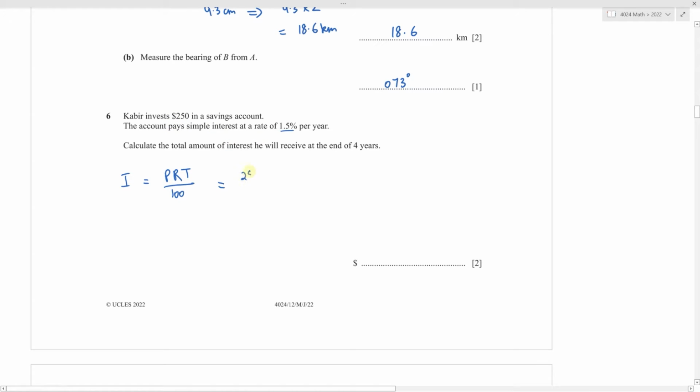Principal amount is 250 multiplied by your rate 1.5 multiplied by the time, 4 years, divided by 100. So 4 times 1.5 is 6. So 250 multiplied by 6 over 100. 250 times 6 is 1500, divided by 100, and this is 15. So your interest at the end of 4 years is $15.